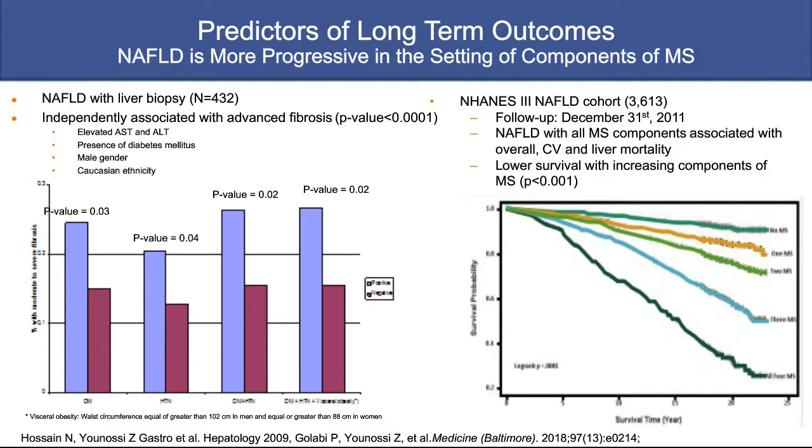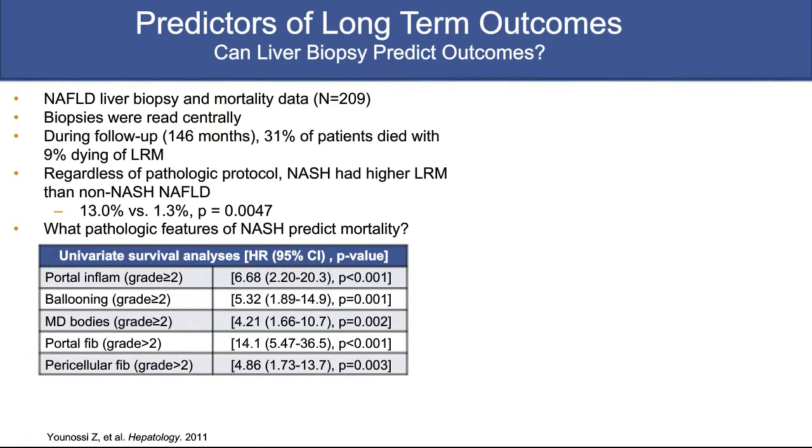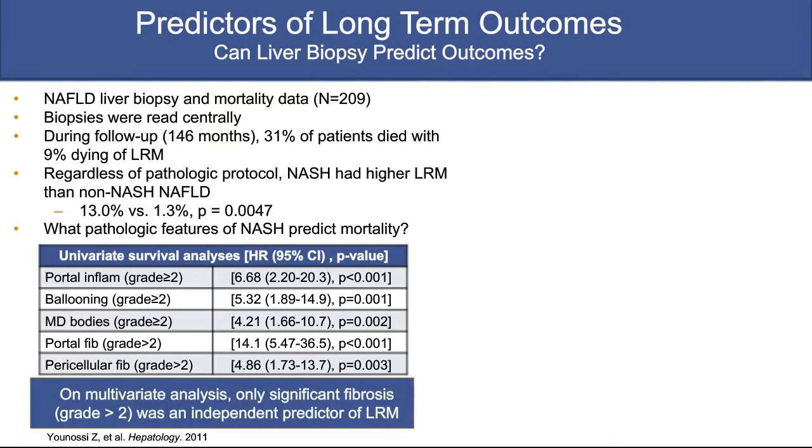Finally, are there any histologic or pathologic features that can actually predict mortality? This is a study of biopsy-proven NAFLD patients. As you can see in this table, most of these pathologic features in univariate analysis were associated with lower survival or higher mortality. On the other hand, when you perform a multivariate analysis, only significant fibrosis stage of 2 or higher was independently associated with liver-related mortality.